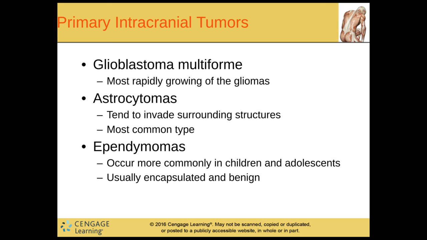And then we have an astrocytoma, which tends to invade the surrounding structures. And this is pretty much the most common type of intracranial tumor. And then we have ependymomas, which occur more commonly in children and adolescents. And it's usually encapsulated and benign, so it's pretty easy to remove.